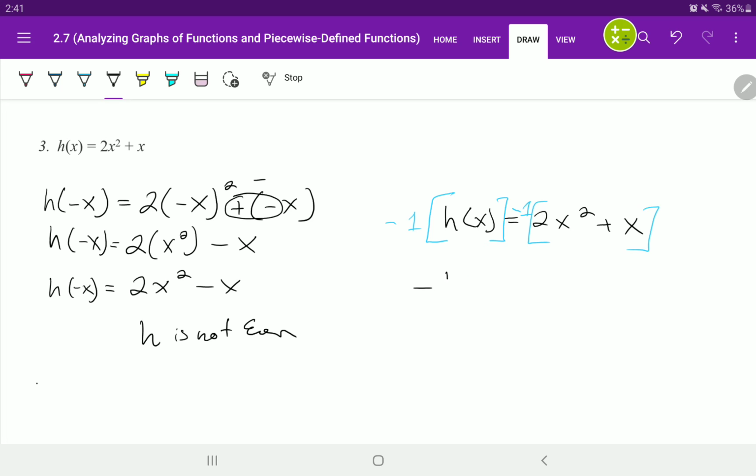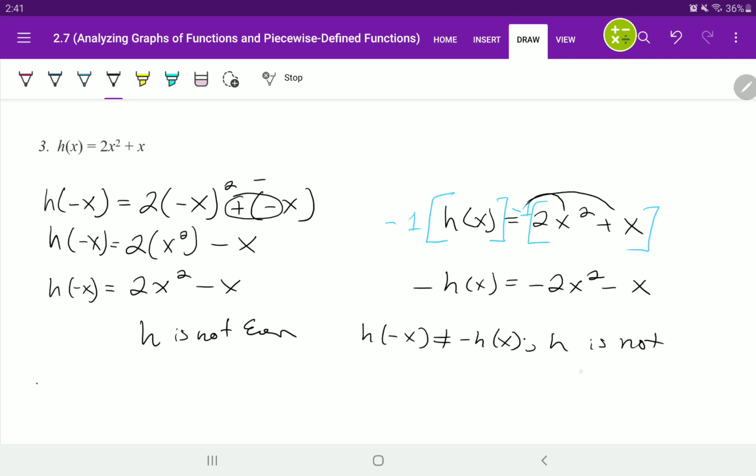So now we have negative h of x equals, distributing here, negative 2x squared minus x. If you notice, in this case, h of negative x does not equal negative h of x, which means h is not odd. So h is not even, h is not odd, h is neither even nor odd.